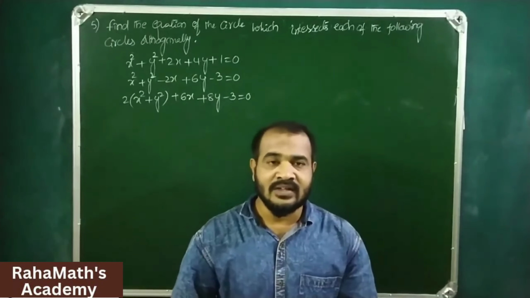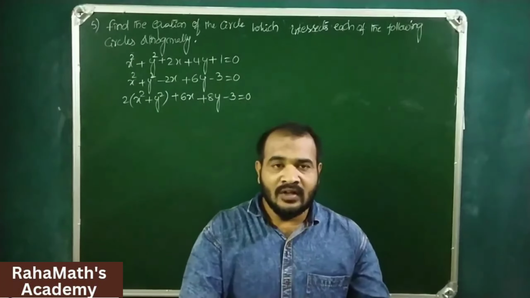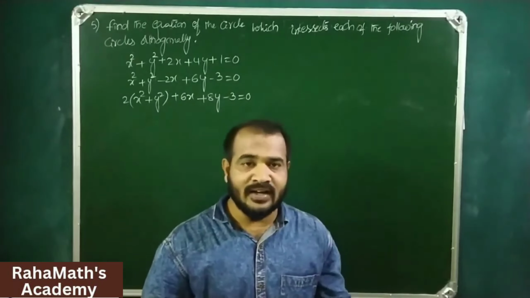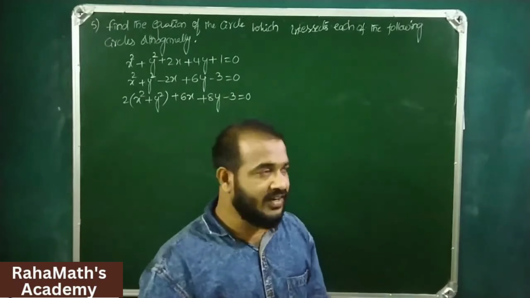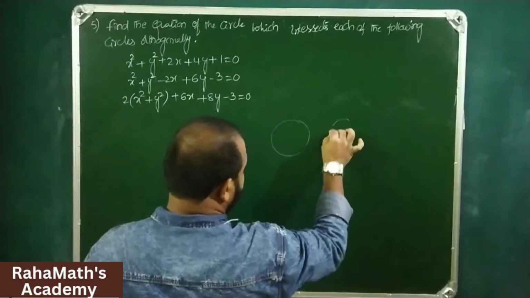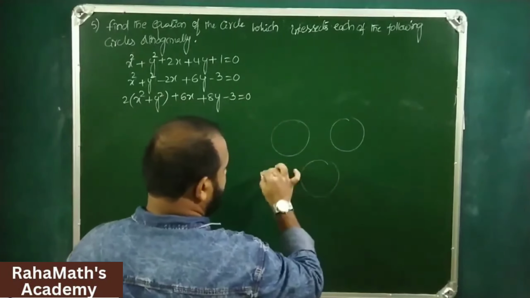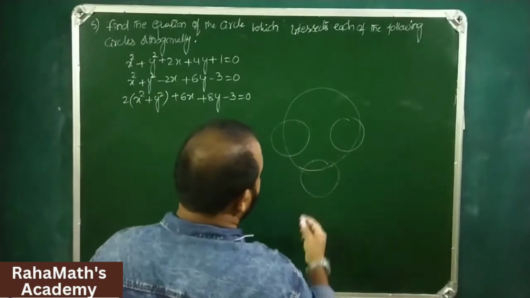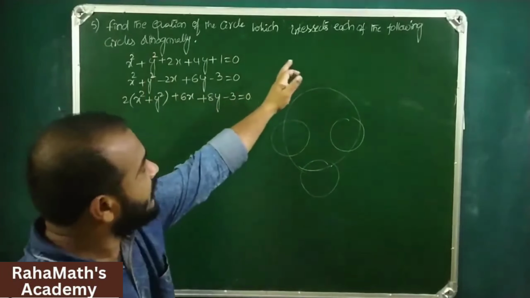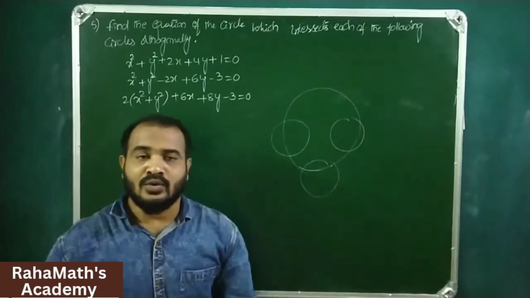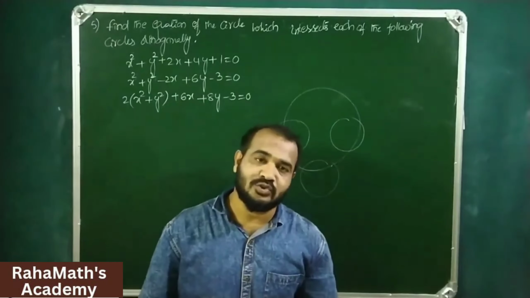If we use that radical axis, then we can get that very easily. So the concept is, the 3 circles are like this, and one big circle cuts all the 3 circles orthogonally. So the big circle satisfies 2gg dash plus 2ff dash equals to c plus c dash.